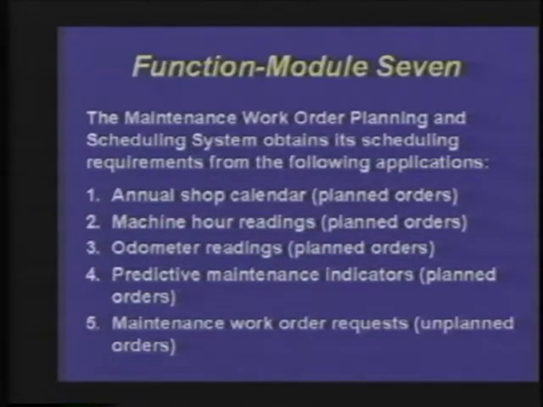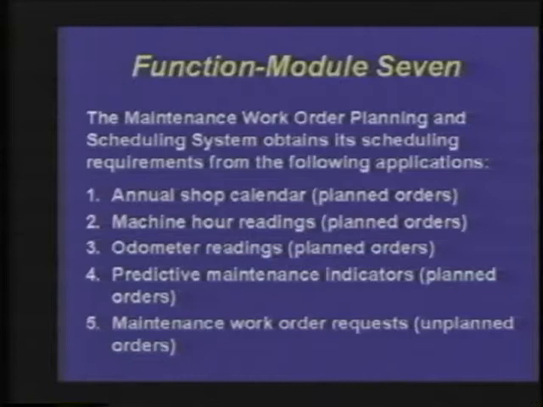The second is from machine hour readings, and that is fed directly into the planning and scheduling function. The third are odometer readings that come from either forklift trucks or over-the-road vehicles. And then the fourth is the output of the predictive maintenance program.